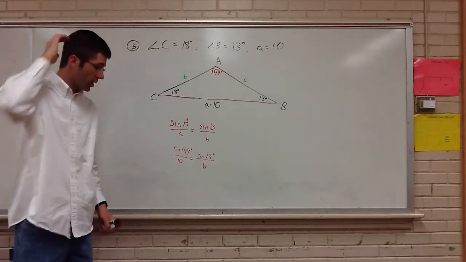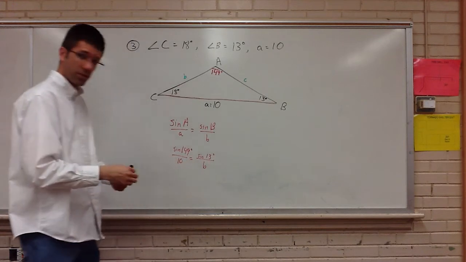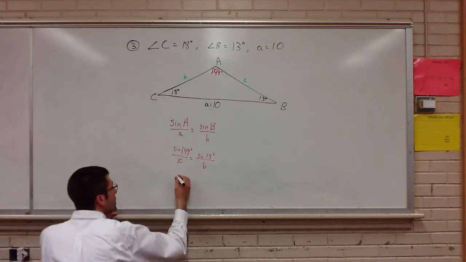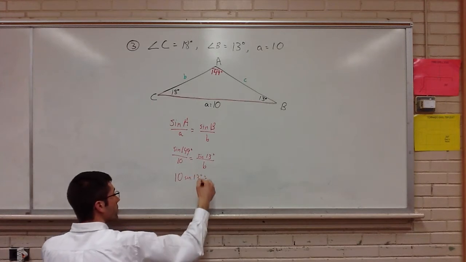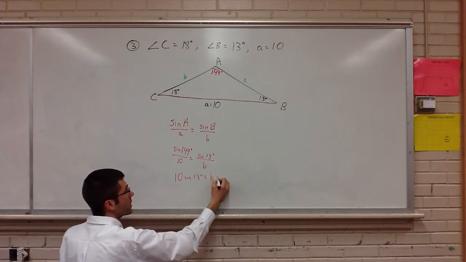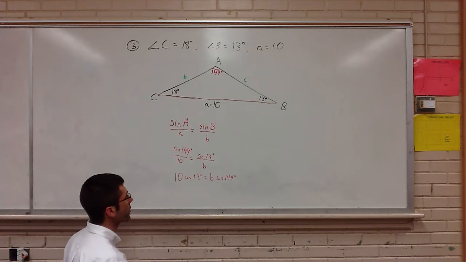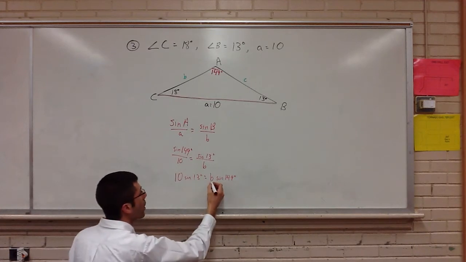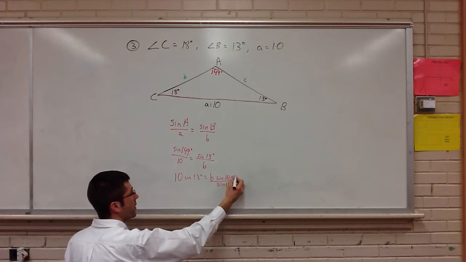In the process of cross multiplying, we'll have 10 times the sine of 13. Let's come down here and write that. So we have 10 sine 13 degrees equals b times the sine of 149. I said 148, but it's really 149. When we solve for b, we're going to have to divide by the sine of 149.